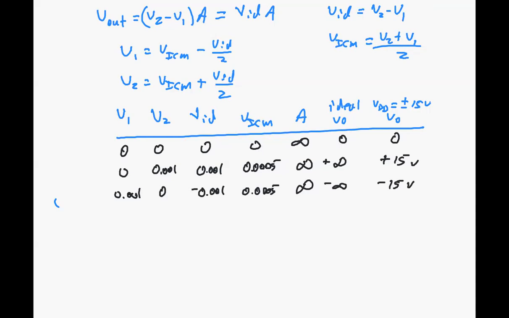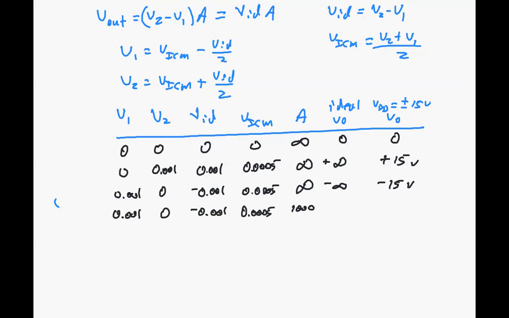If we have a gain of 1,000, and we have 0.001 and 0, and minus 0.001 for VID, VICM is still 0.005, half a millivolt.